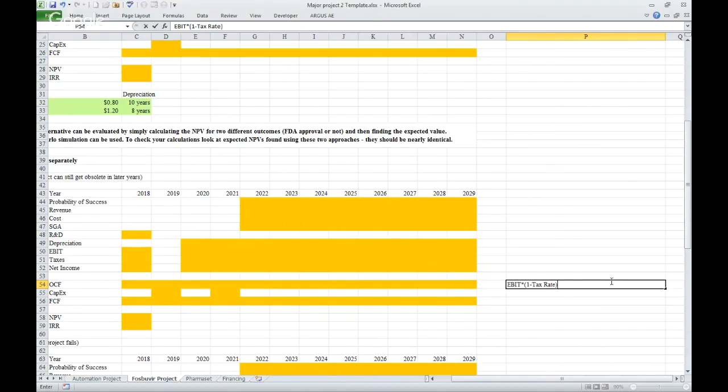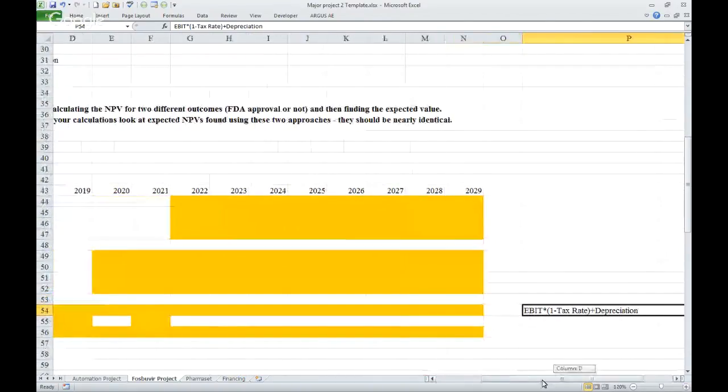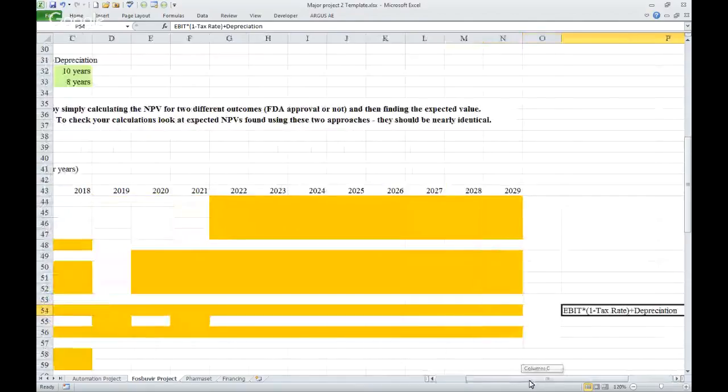But then I have to take into account the fact that earnings before interest and taxes have a non-cash item, namely they have depreciation. And this is how my operating cash flow should look like.